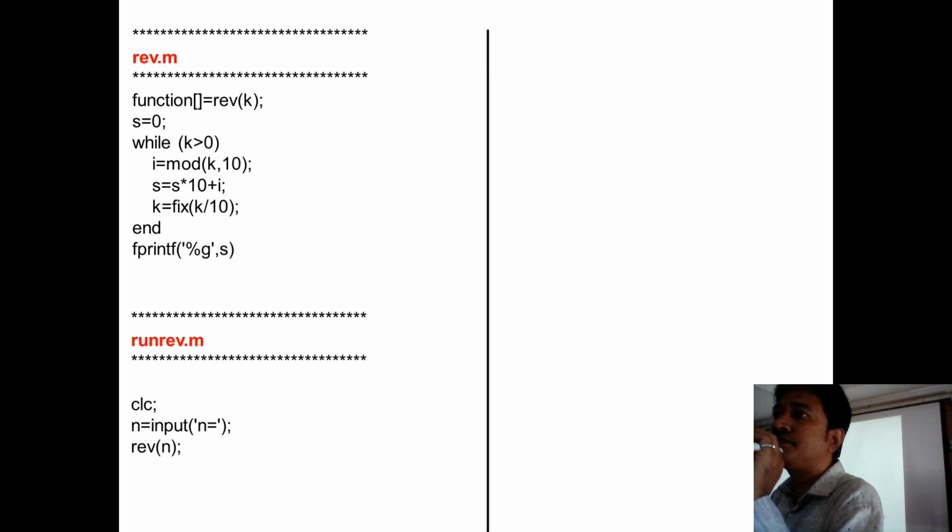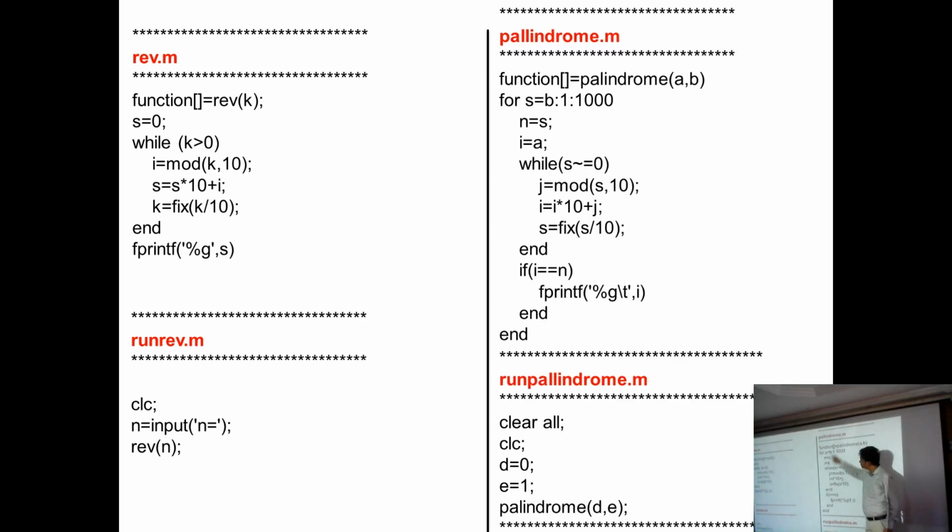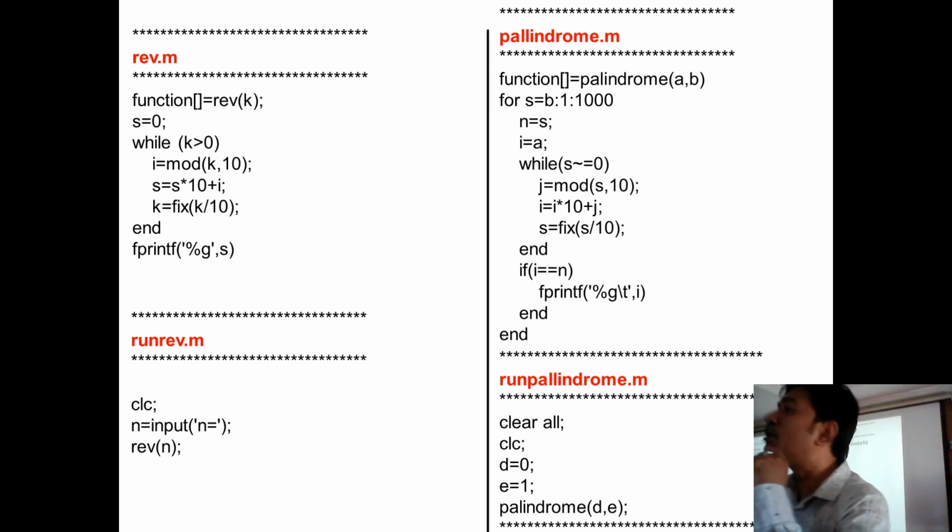Palindrome. The logic is this part. I just used a function called palindrome. I read two arguments, two inputs, and I send the two inputs here, and with those two inputs I write the logic. Functions with multiple input arguments.